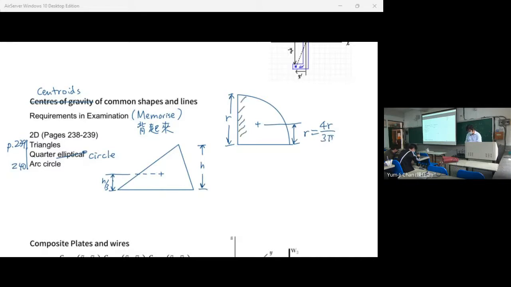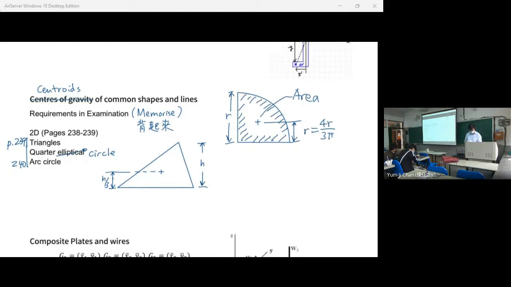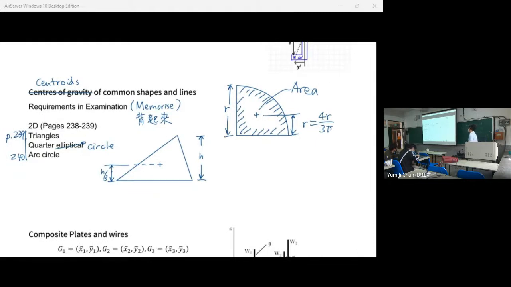I will explain why I would like to write this. It's an area. And the last type is the arc circle, which is a line.